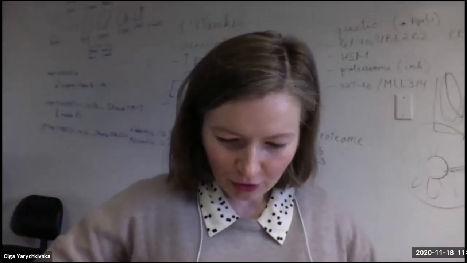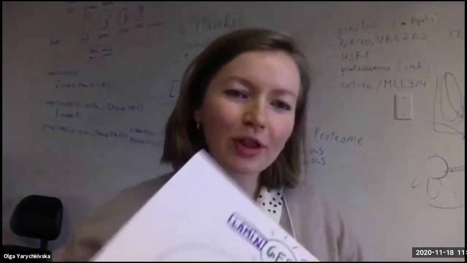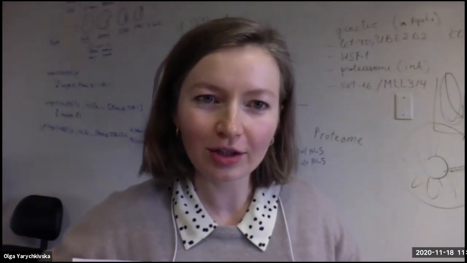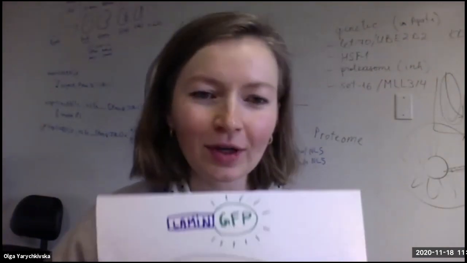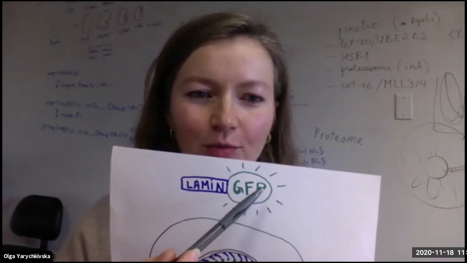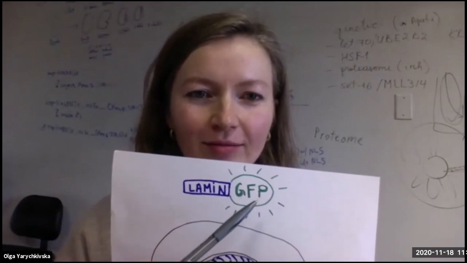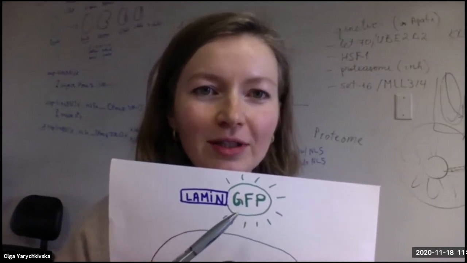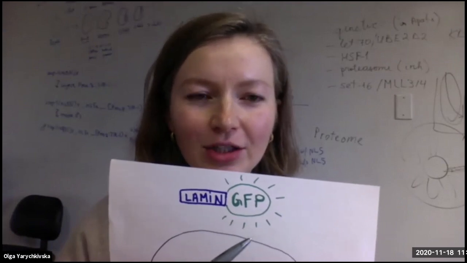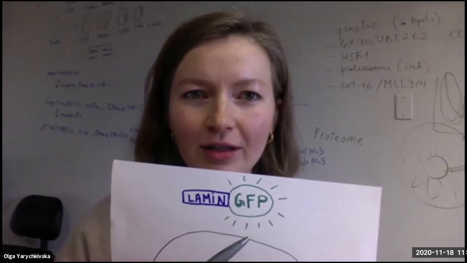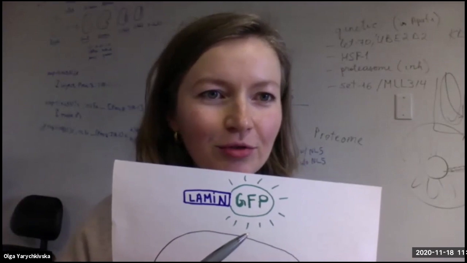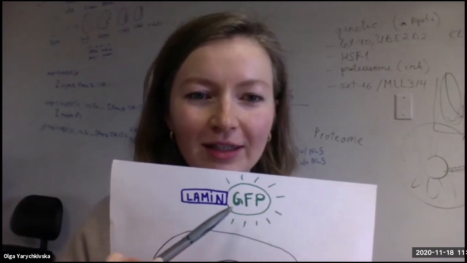And how do we do that? We do that thanks to this awesome technology of the green fluorescent protein called GFP. This protein was discovered in jellyfish, and a Nobel Prize in chemistry was awarded in 2008 to three scientists who worked with this.